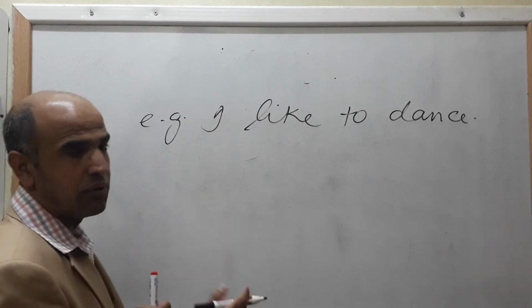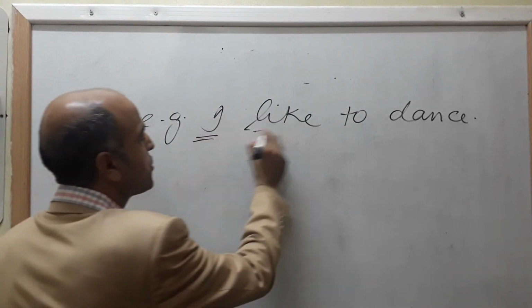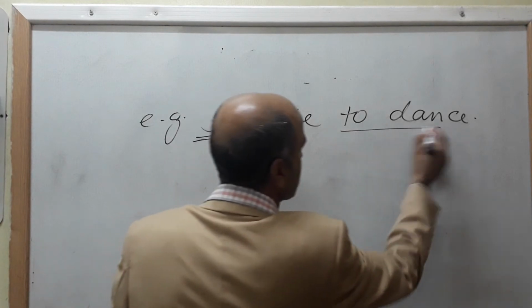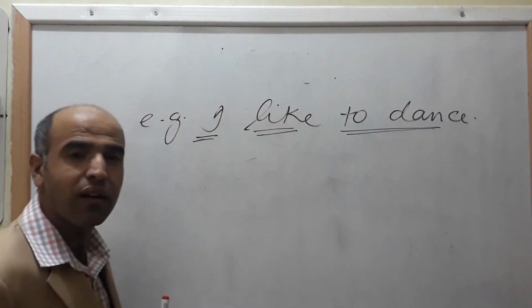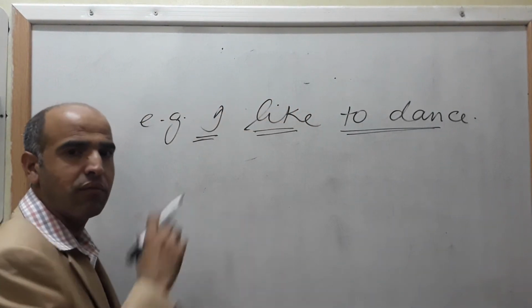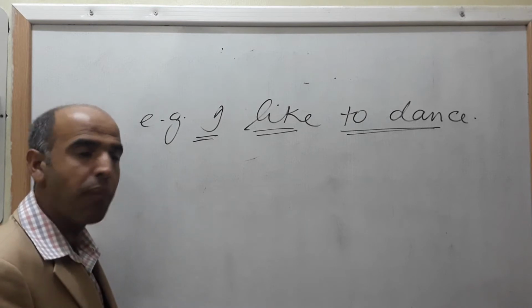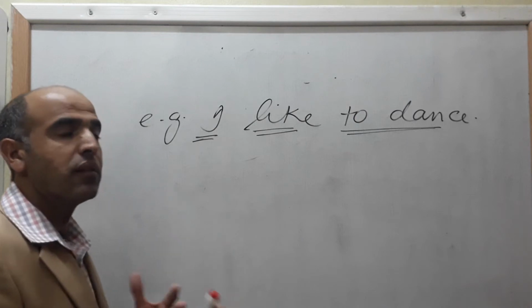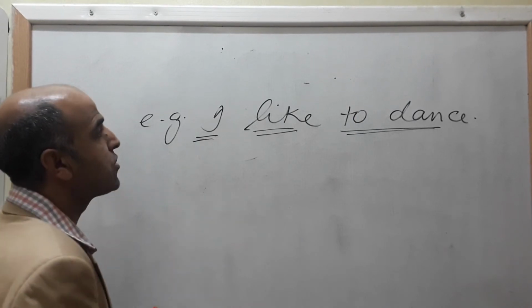Clear? In the English language, this is your subject, this is your verb. Definitely after the verb, you can see that there is your object. Something acted upon. I like. What do you like? What is something that you like? I like to dance.